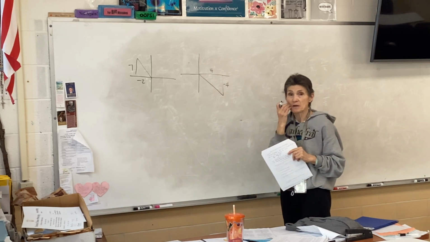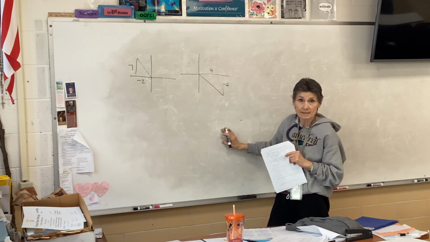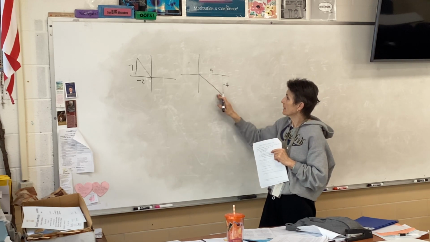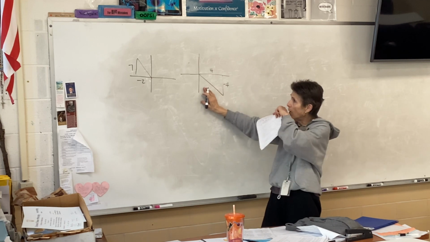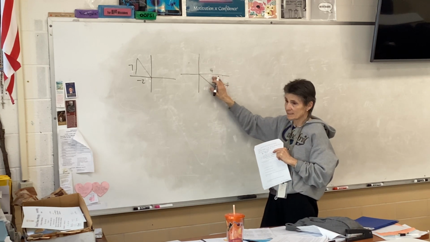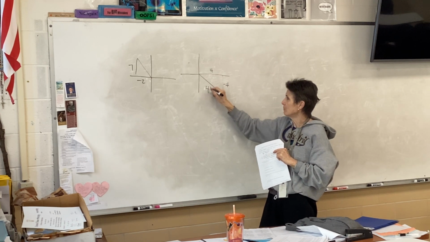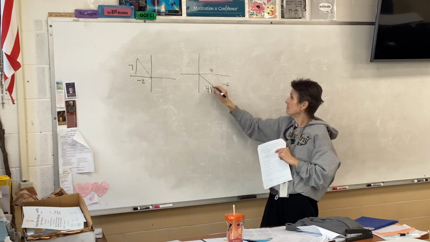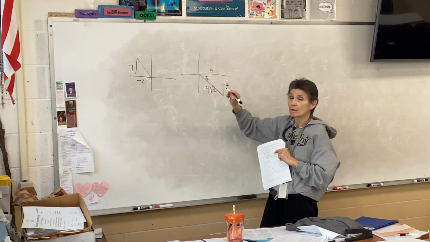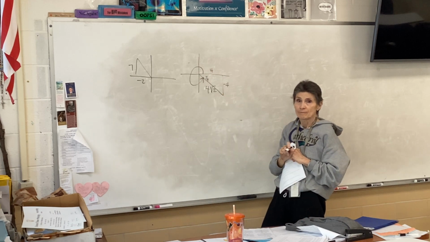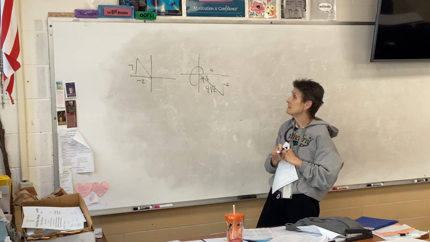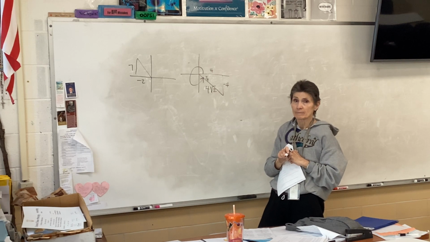Well, in order to answer that question, I need to find my radius and my angle. So here's my radius. There's 4 minus 4. My radius is, let's see, 16 plus 16, it's going to be 4 root 2. And this angle is pi over 4, but my actual angle would be 7 pi over 4.